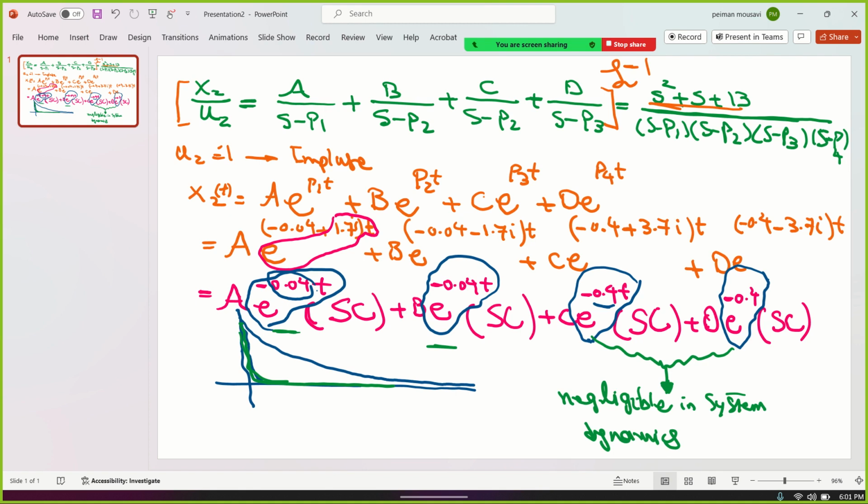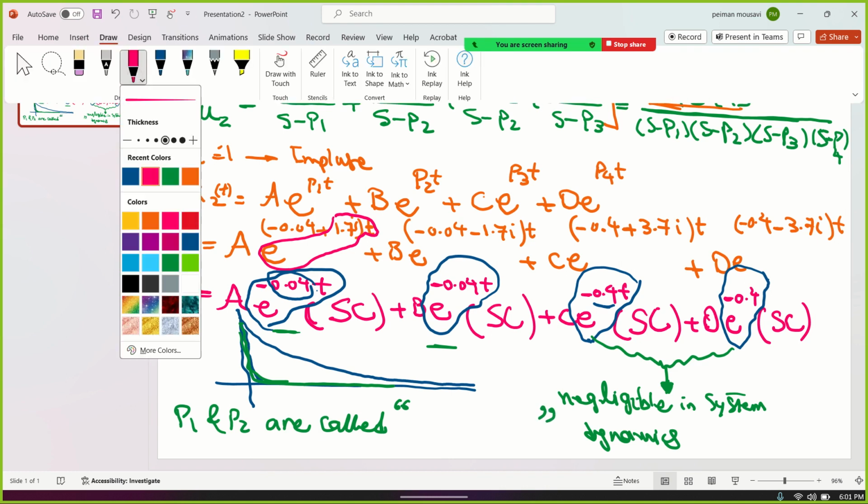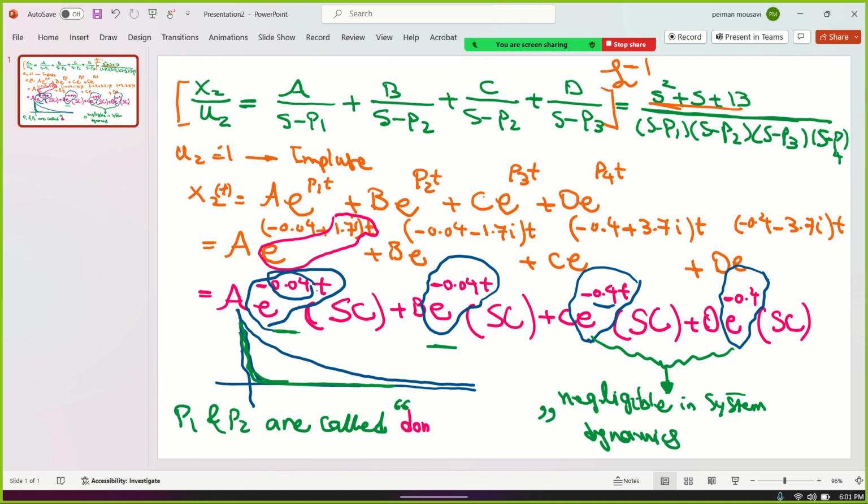That's why these two poles, P1 and P2 for this system, are called what? You tell me. What's the topic of today? Dominant poles. These are dominant poles. Okay?